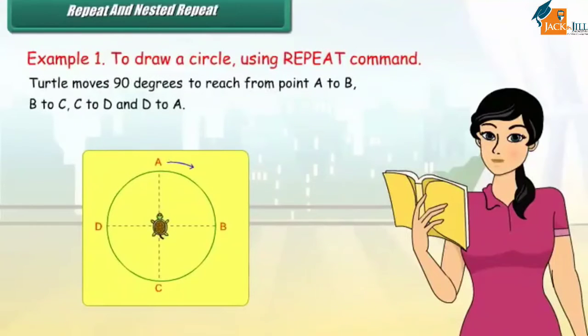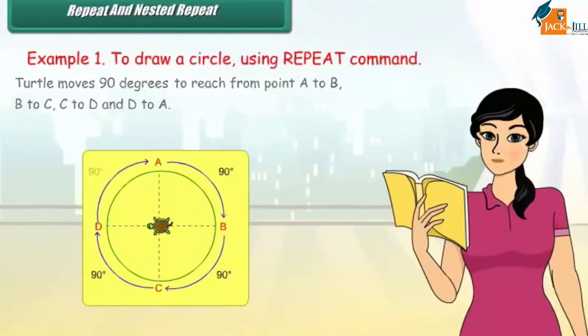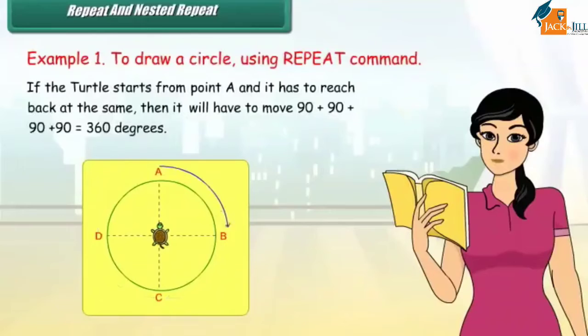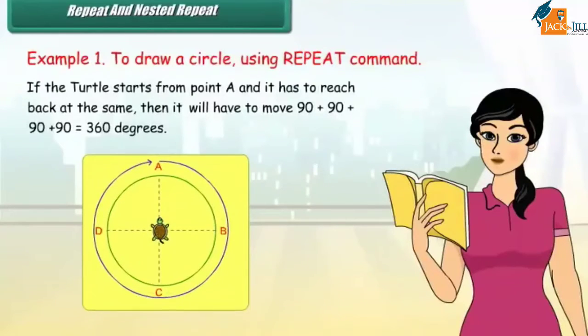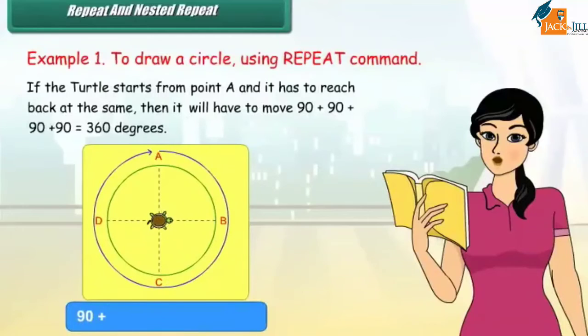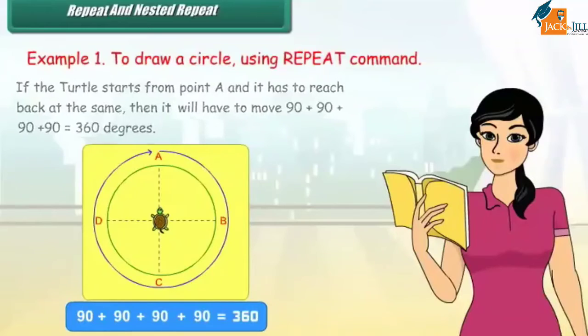Turtle moves 90 degrees to reach from point A to B, B to C, C to D, and D to A. If the turtle starts from point A and has to reach back at the same point, then it will have to move 90 plus 90 plus 90 plus 90 is equal to 360 degrees.